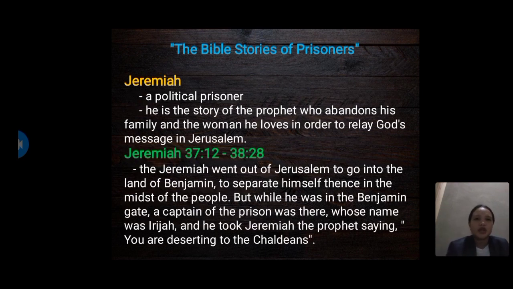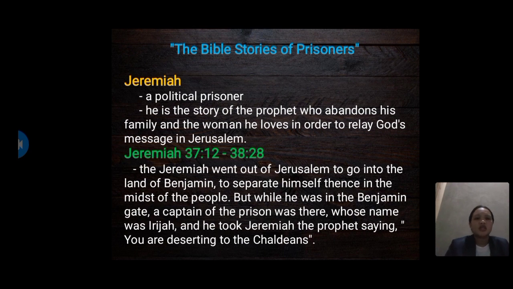Next is Jeremiah, a political prisoner. He is the prophet who abandons his family and the woman he loves in order to relay God's message in Jerusalem.